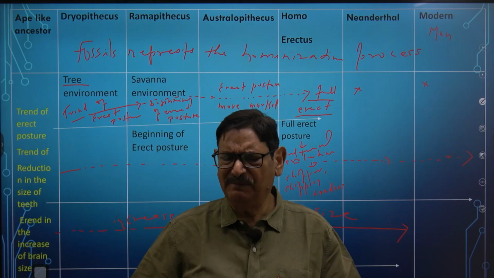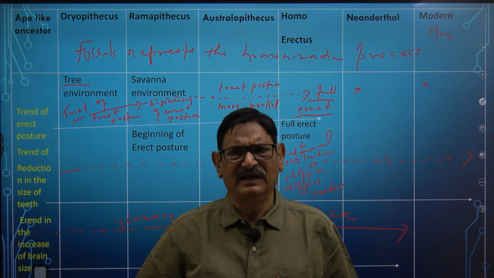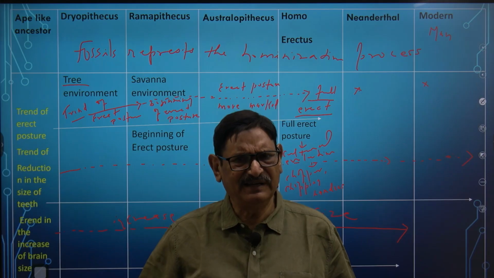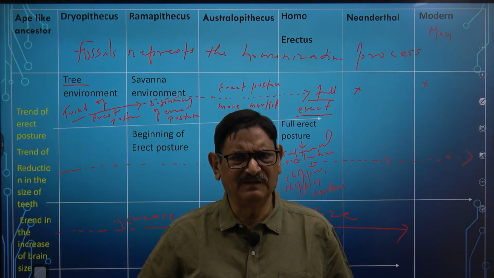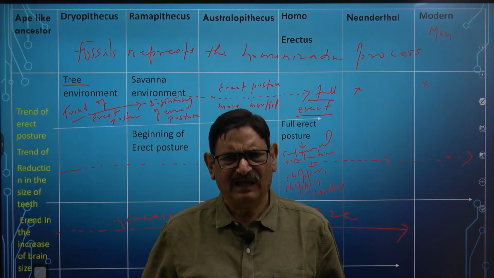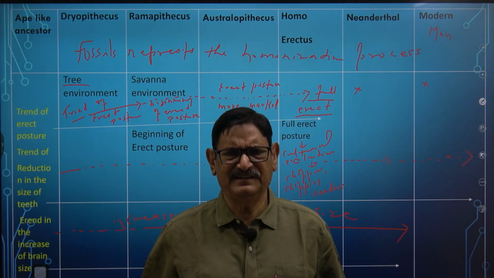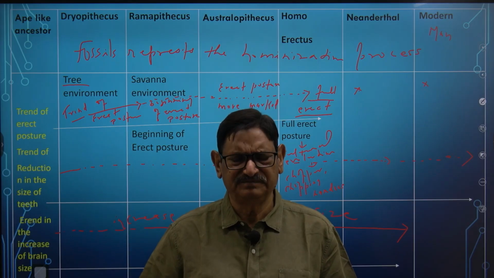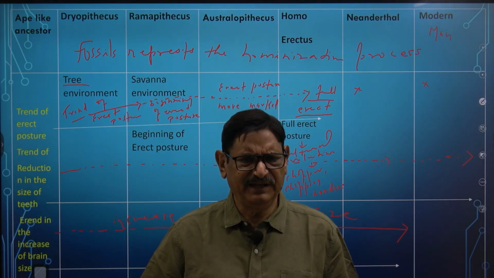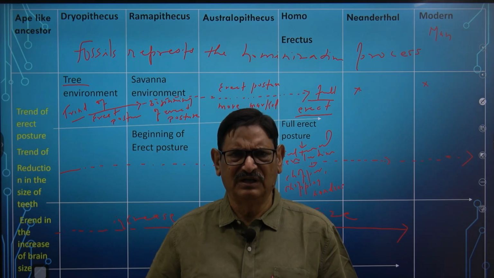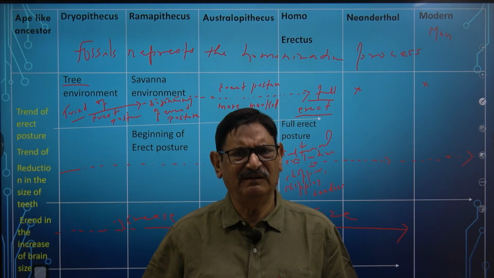These features are the trace of foramen magnum at the back of the skull, a spinal cord curve, convergence of lumbar curve, curved femur, and other features associated with erect posture related to the foot, such as the non-opposable toe and well developed arch of the foot.